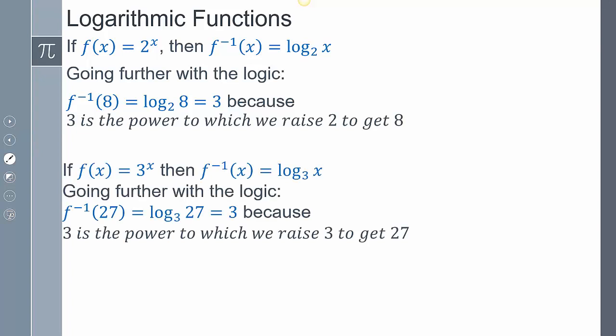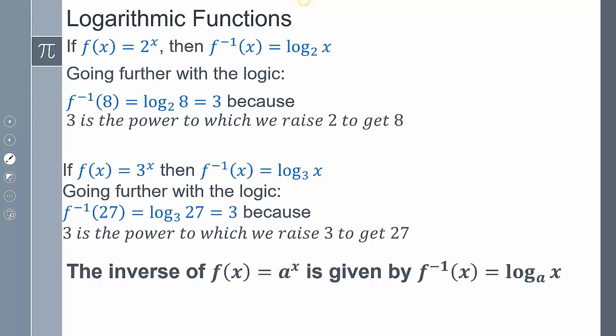I can do the same thing with f inverse of 27. That's going to be 3 as well, because 3 is the power to which I have to raise 3 to get 27. We don't have to get caught up with this logic because it's self-explanatory once we start manipulating with logs, but that's essentially what a log means.